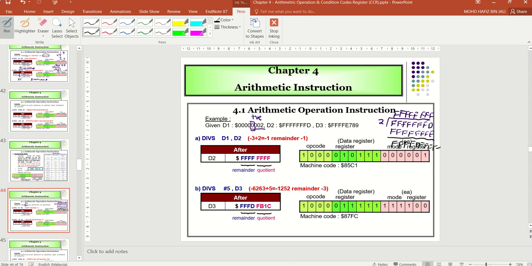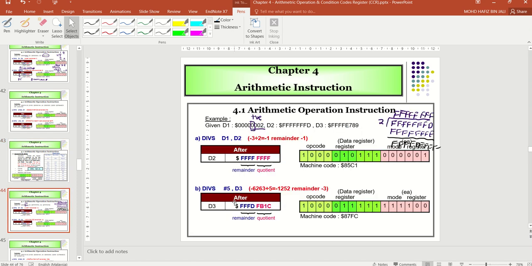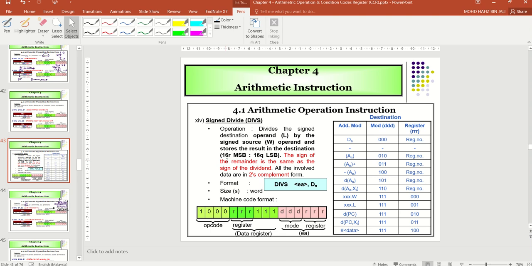So how to write the answer? As you can see here, in the result in destination, for the remainder you have to take the MSB, and for the quotient you take the LSB value, 16-bit. 16-bit remainder in the MSB, 16-bit quotient in the LSB.